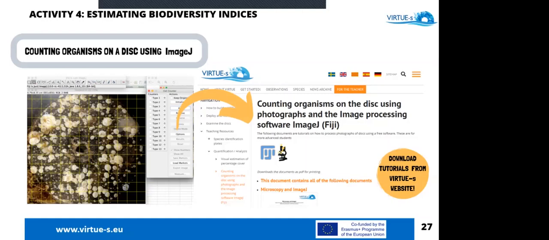Analyzing the pictures with the ImageJ software, you can, for instance, perform a manual or automatic counting of the organisms growing on the disk, or measure the percentage of cover on the disk automatically, or perform a simultaneous analysis of multiple disks, and perform analysis of pictures taken under a stereoscope. You can discover the many tools that ImageJ has, and on Virtue's website you will find tutorials on how to perform calculations with this software, and also some extra instructions to download it and to use the tools.